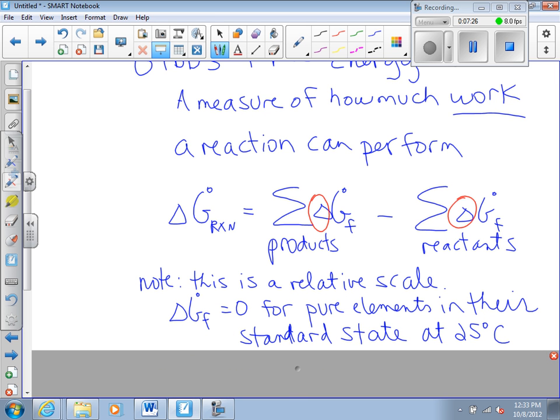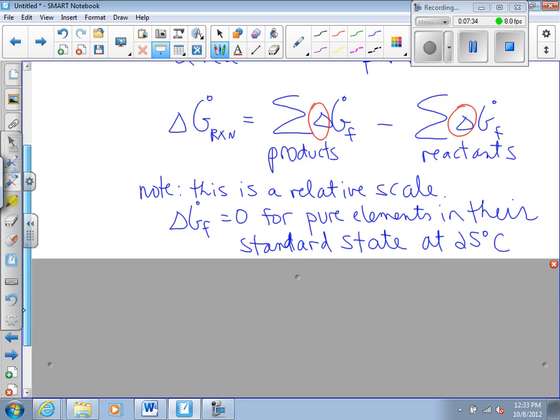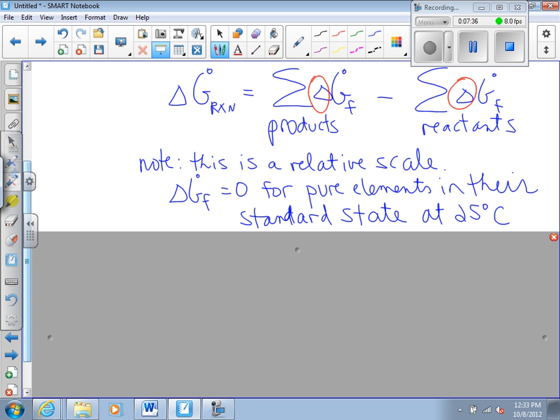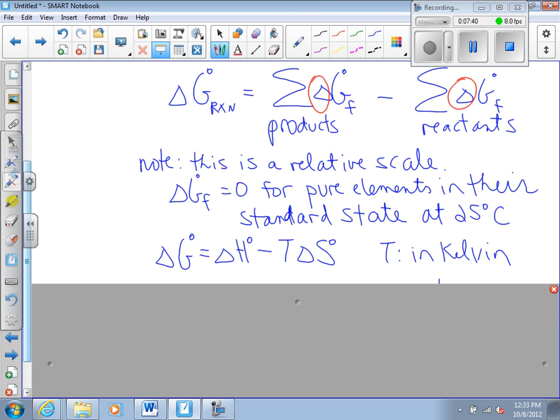And just like with enthalpy, the Gibbs free energy is defined as 0 for pure elements in their standard state at 25 degrees Celsius. There's another equation that we have for Gibbs free energy. That is delta G is delta H minus T delta S. So if you are given information on free energy of formation of a chemical, you will use the top equation here.